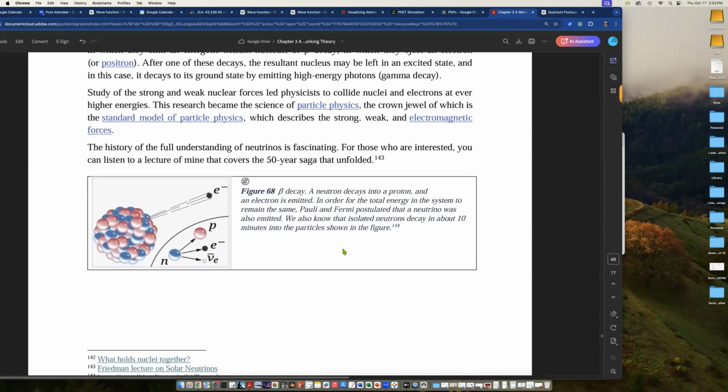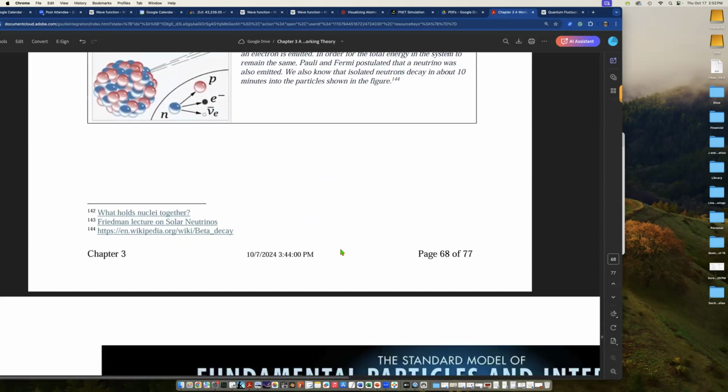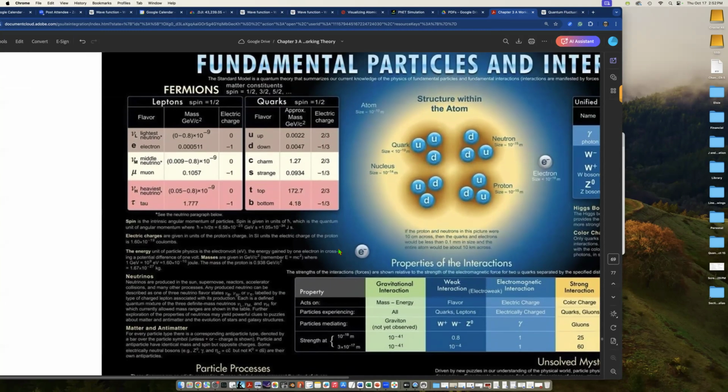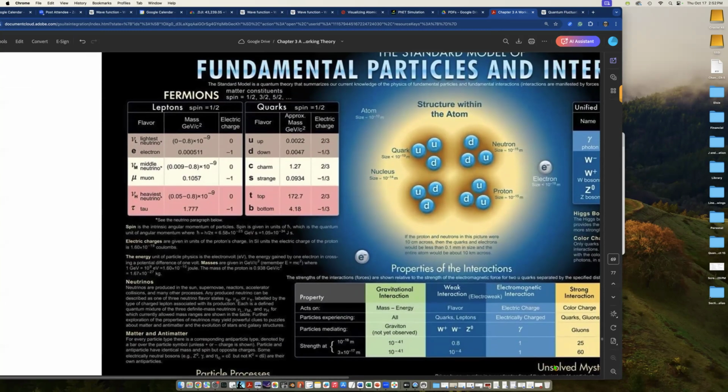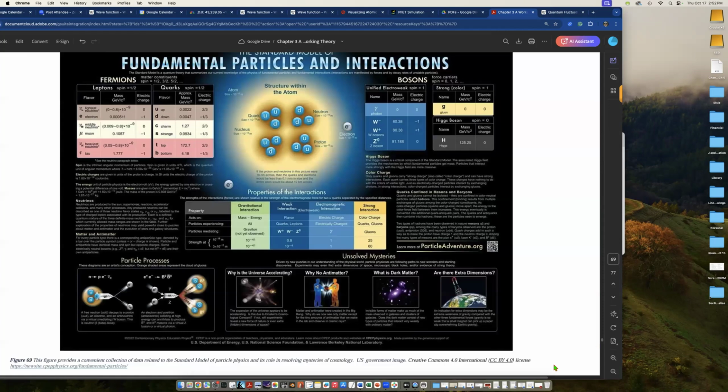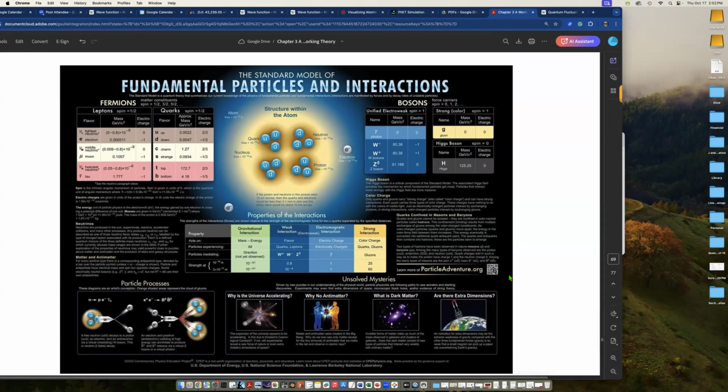So there's some information here about decomposition. This is a summary of everything we know about the standard model. And there is work underway at CERN and other places to see if there is an extension to the standard model called supersymmetric particles.